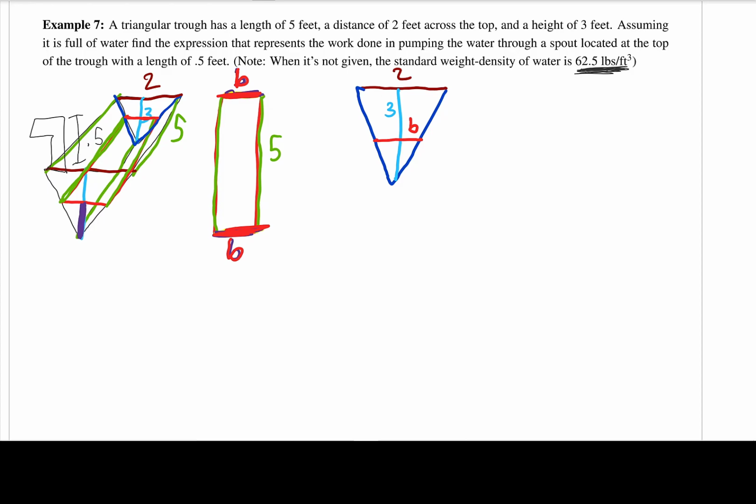Where are we taking this slice? So I just want to denote this by being y feet high. Now notice when we do our slice, this should equal something with a dy. We need some variable that we're integrating about, which tells me I want to get b in terms of y.